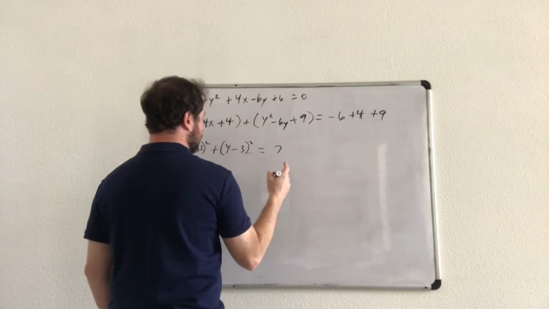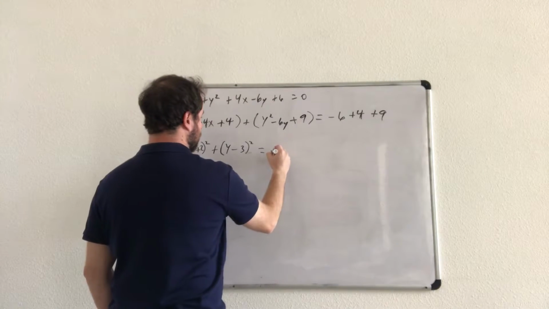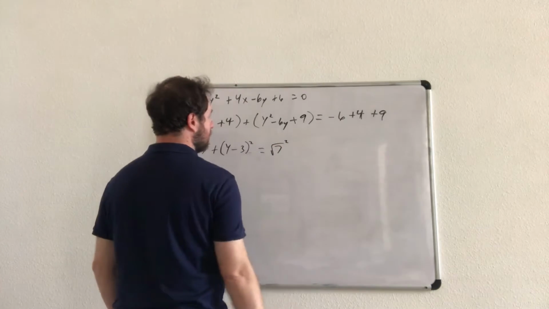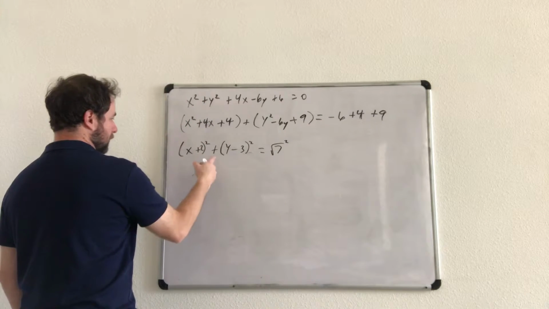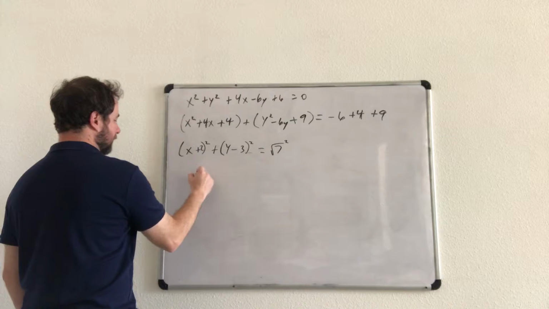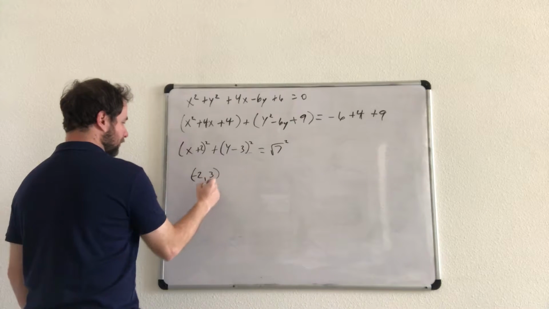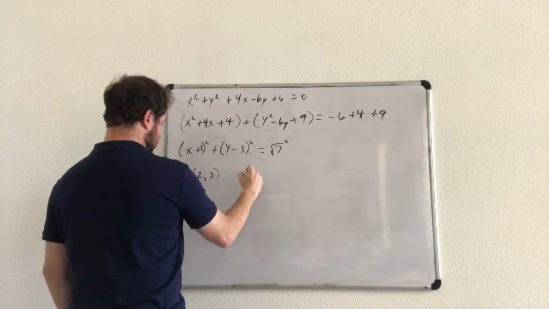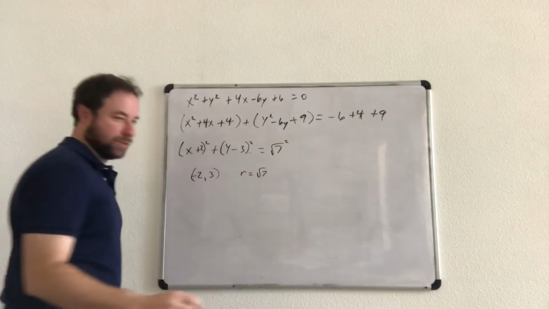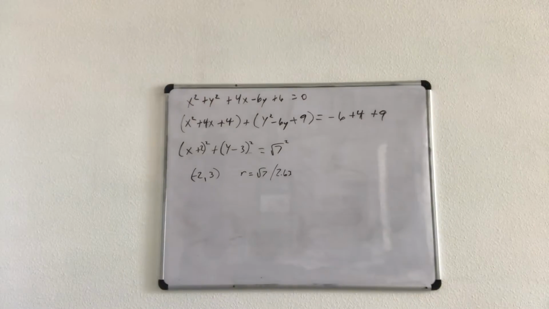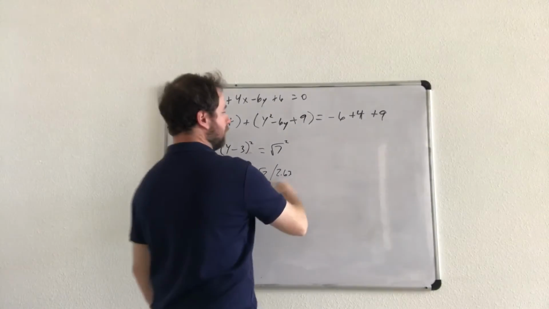And so what we're going to do is get the square root of 7. And in order to draw this, the origin will be the opposite, negative 2 and 3. And the radius is going to be root 7. Root 7 is the same as 2.63.